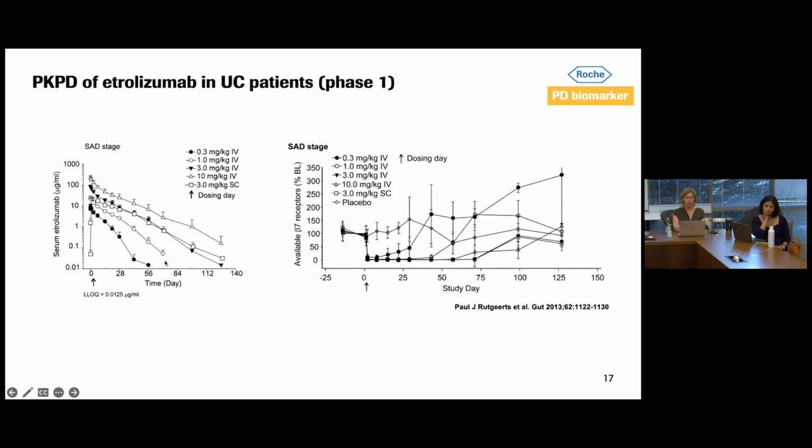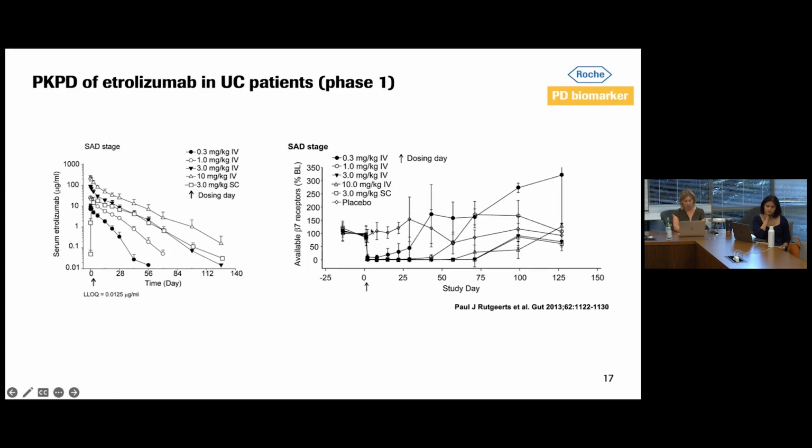We did our phase 1, and obviously safety and tolerability is a key objective for phase 1, but for biomarker it was: at what dose do we maintain receptor occupancy in the blood? For the single ascending dose, so one dose with increasing doses, on the left you have the drug exposure, and on the right you have the receptor occupancy.